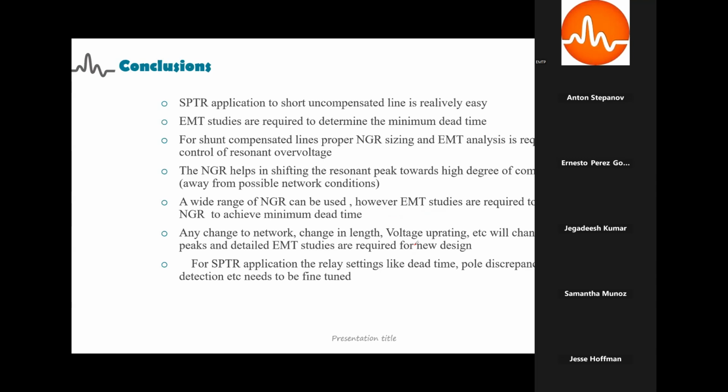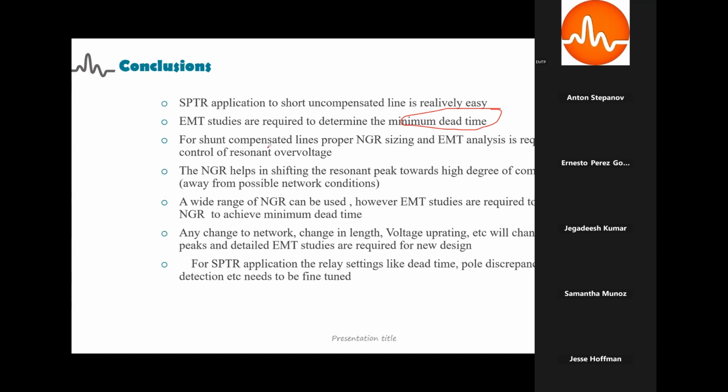So to conclude, single pole tripping is quite easy for short lines. We don't have much difficulty. Whereas in long lines, we need to look into various situations and conditions to have a successful reclosure. Therefore, EMT studies are required to determine the minimum dead time for successful reclosure.